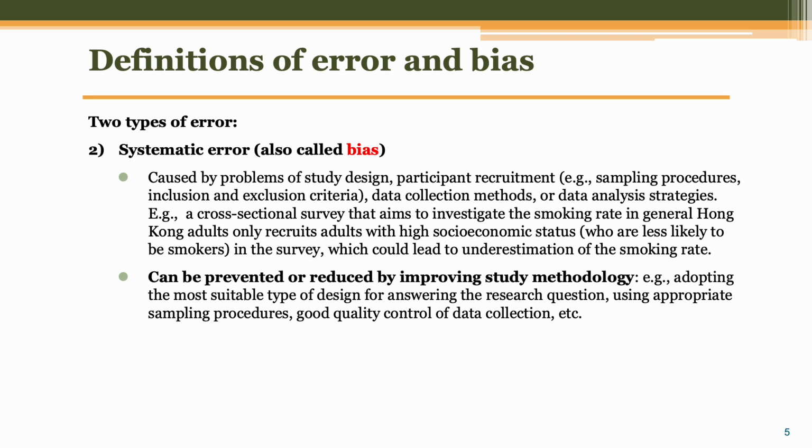In the survey, the smoking rate could be underestimated, and this underestimation can be referred to as bias. Bias can be prevented or reduced by improving the study methodology, such as adopting the most suitable study design for answering the research question, using appropriate sampling procedures, good quality control of data collection, and so on, which we will explore more throughout this micromodule series.